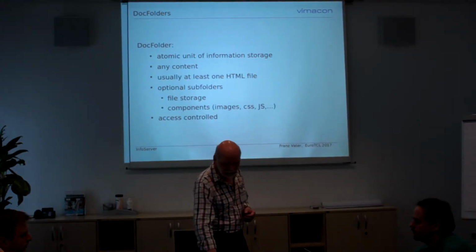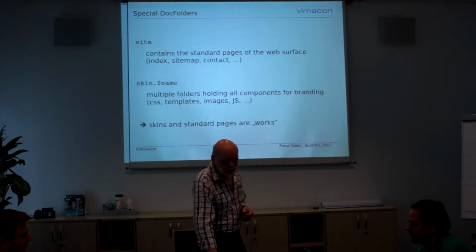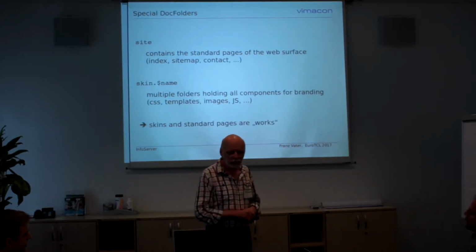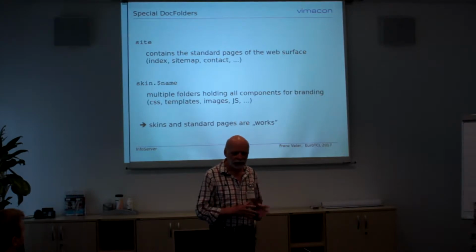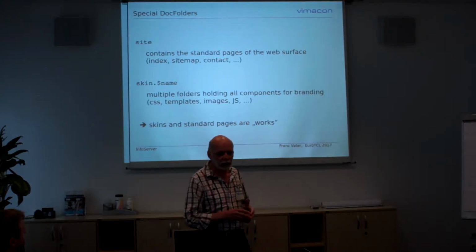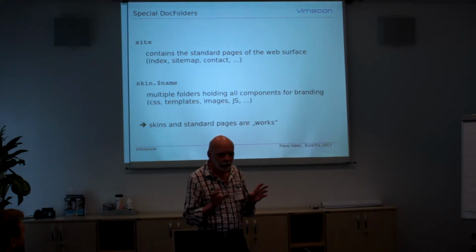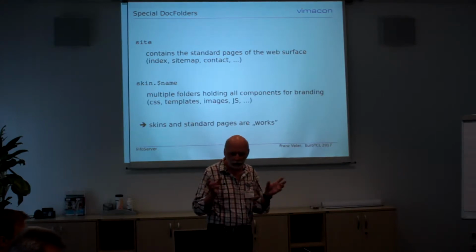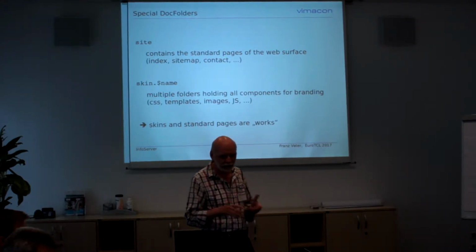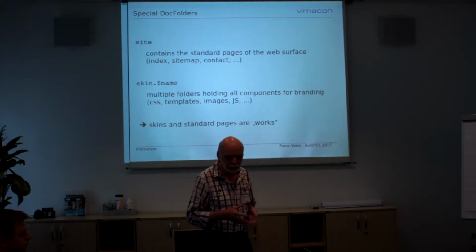And as I said, the access control. There are two special doc folders, or two kinds. One is called site, which contains all the site-specific documents, let's say the story of your portal or whatever you do with it, the index page, sitemap, contact pages, forms, and so on.